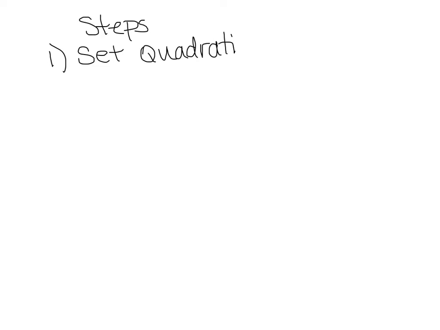So let's go ahead and first write down the steps. The first thing we're going to do is set the quadratic equal to 0, right? The second thing we're going to do is factor, right? So that'll just be what the steps that we followed the last 2 days.